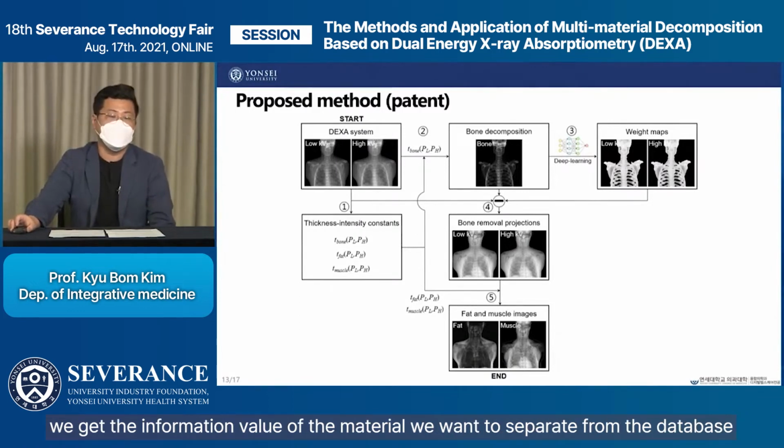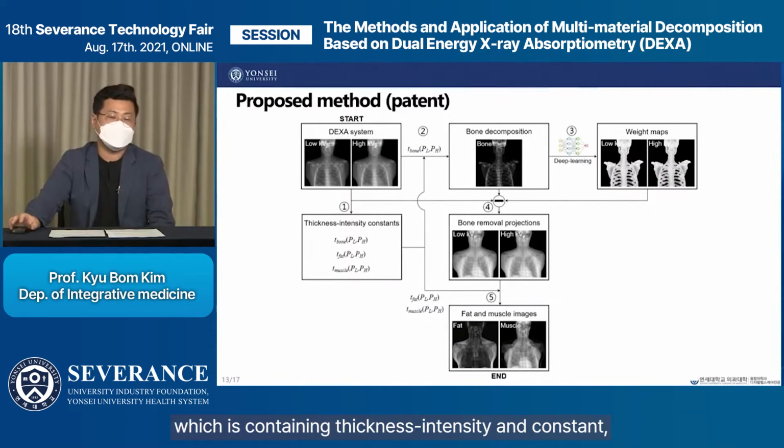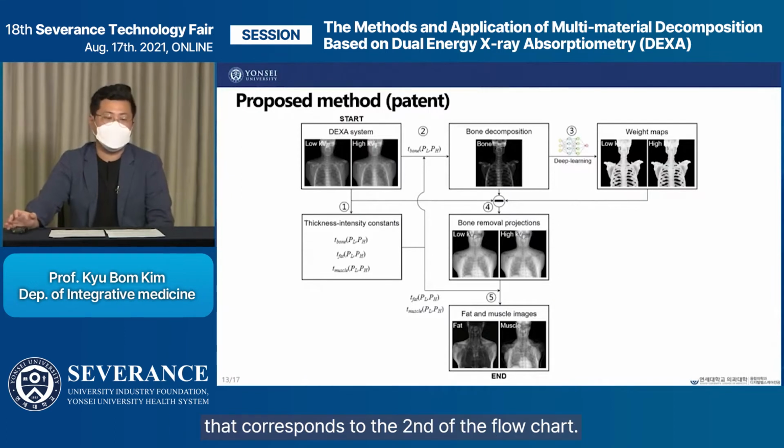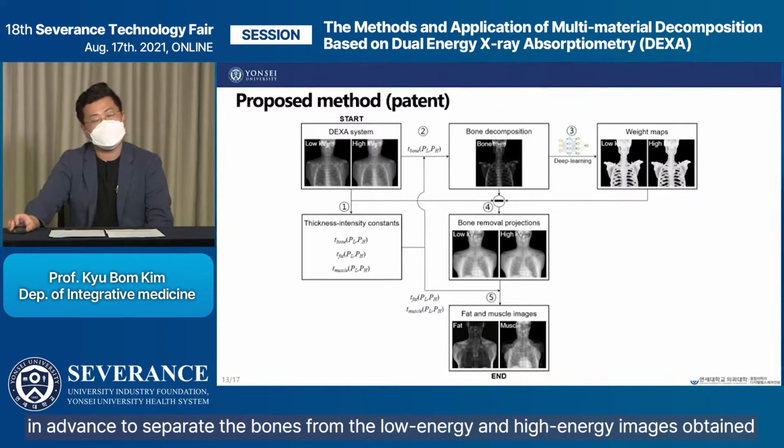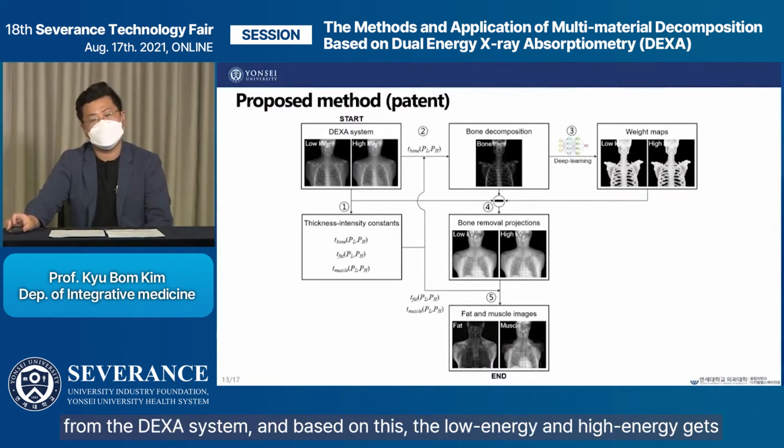We get the information values of the material we want to separate from the database, containing thickness, intensity, and constant. That corresponds to the second step of the flow chart. Through this process, the weight maps are extracted through a deep learning network trained in advance to separate the bones from the low-energy and high-energy images obtained from the Dexa system.